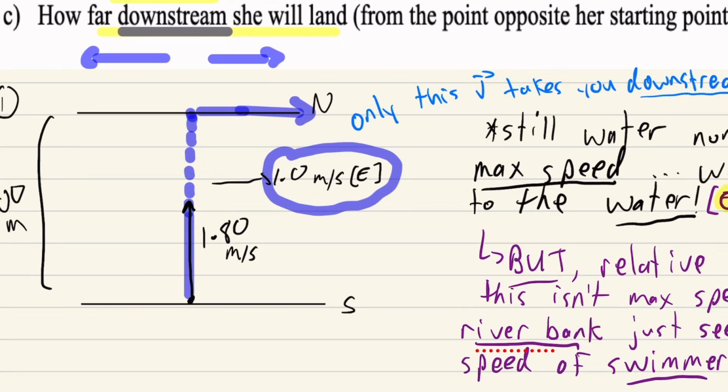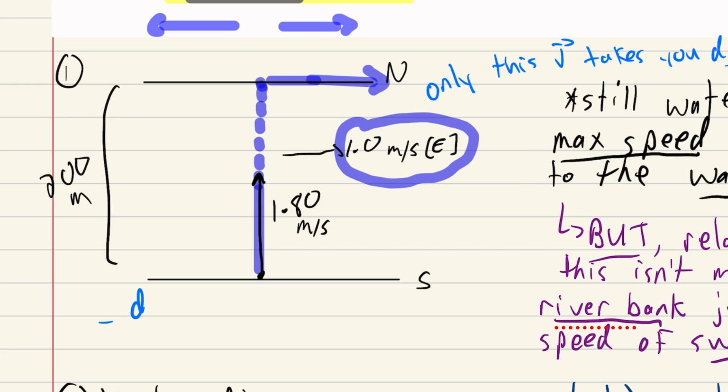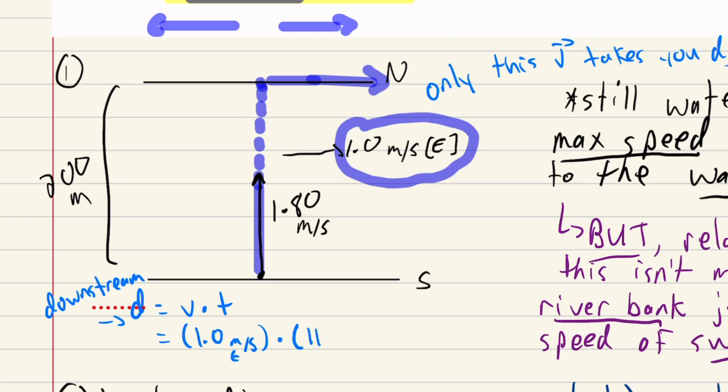When I plug in my formula, D is equal to V times T, I have to keep in mind that I must only use the velocity that actually takes me there, which is 1.0 meters per second east. Multiplying by the seconds I calculated in part B, that gives us 111 meters downstream.